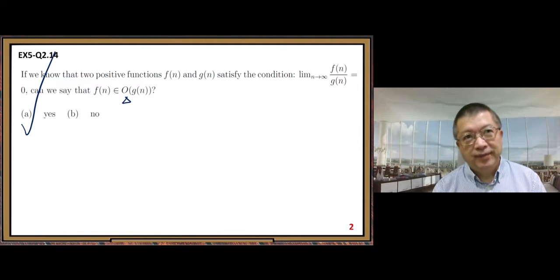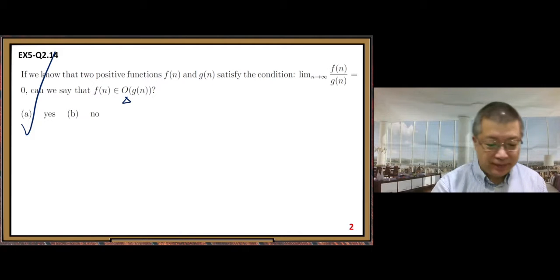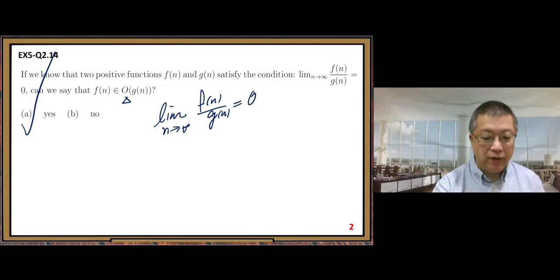Why? Let me convince you this way. First, we know that the limit of f of n over g of n is 0.